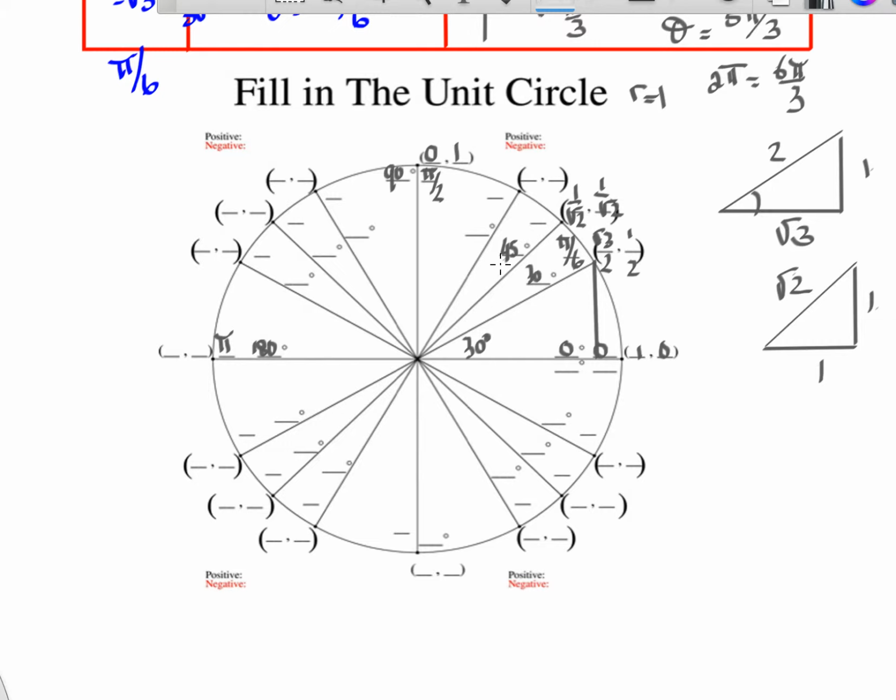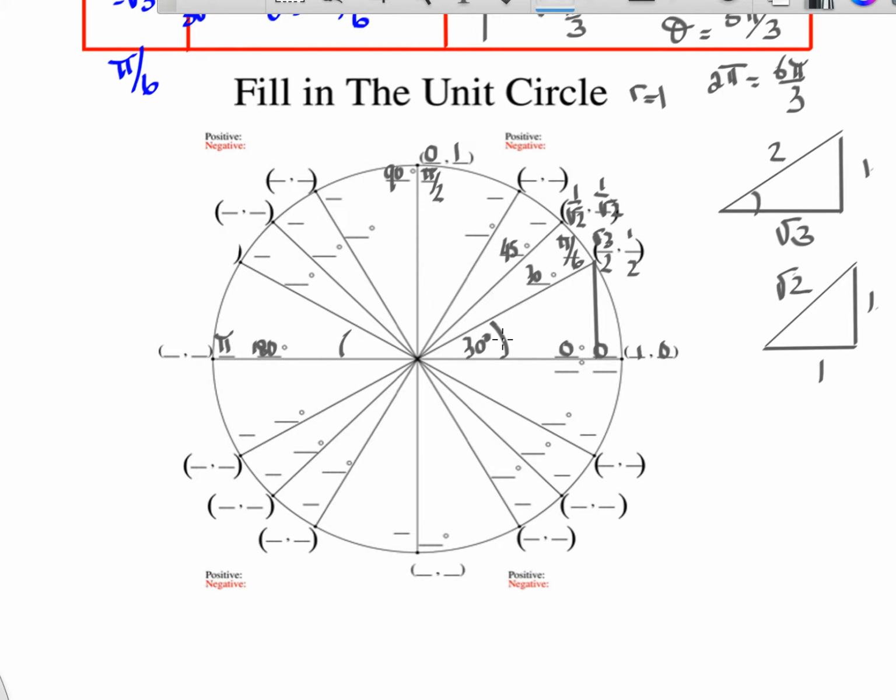Now, it doesn't mean you have to do this for every single one of these, because, look, if you know that this is 30 degrees, then that's 30 degrees, right? Well, then that means that the x, and I need a little more space there, so I'm going to erase this for just a second. I can't right now. Let me do it on the other one.